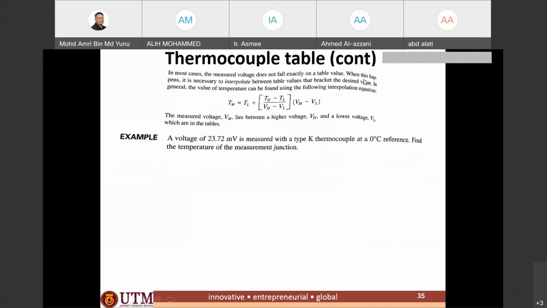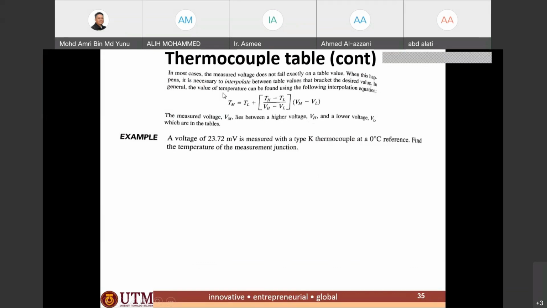The value may be in between the values stated on the table, so we need to extrapolate or interpolate between the table values to find the desired value.